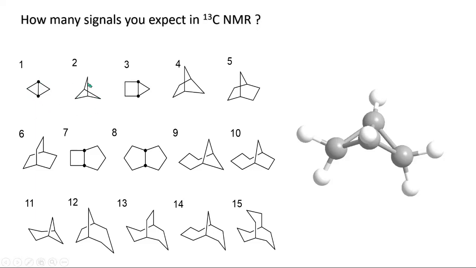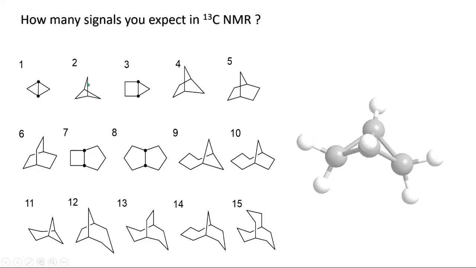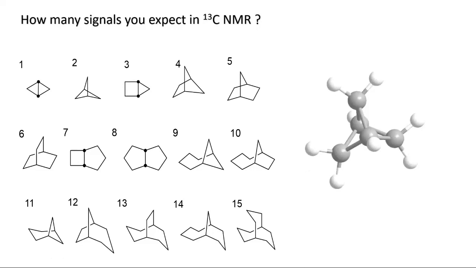Now in this molecule, you can see the 3D version of that. If you pass a plane bisecting this carbon, this carbon, this carbon, then these 3 carbons will be symmetric and these 2 carbons are symmetric.